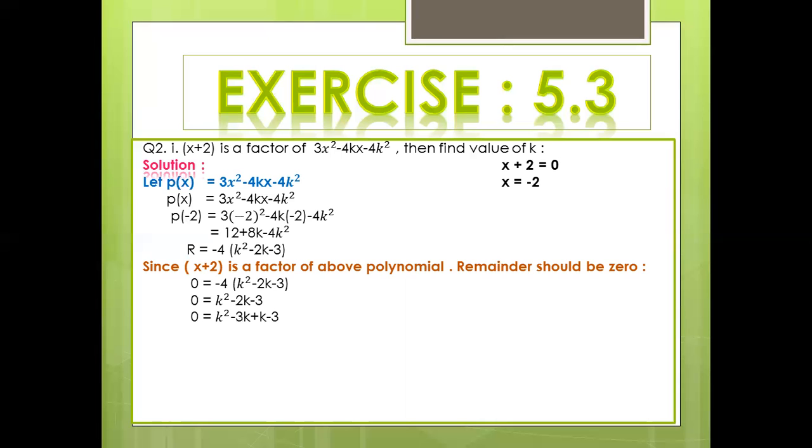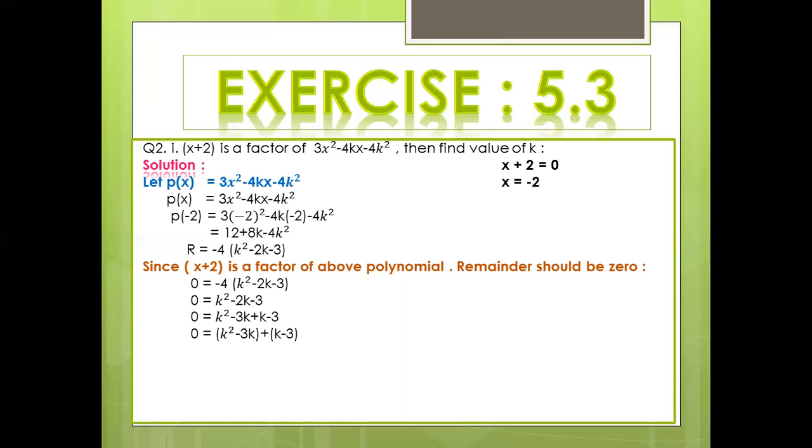Here we do the middle term break. Do you remember the PQ method? We make the factors of 3 and we split the middle term, the k term, in the form of two terms. The first and the last term are unchanged, k square and minus 3.